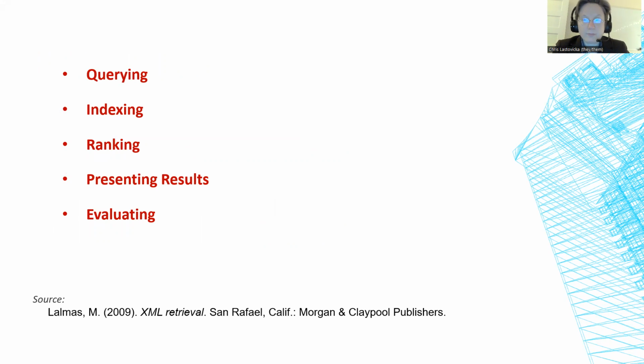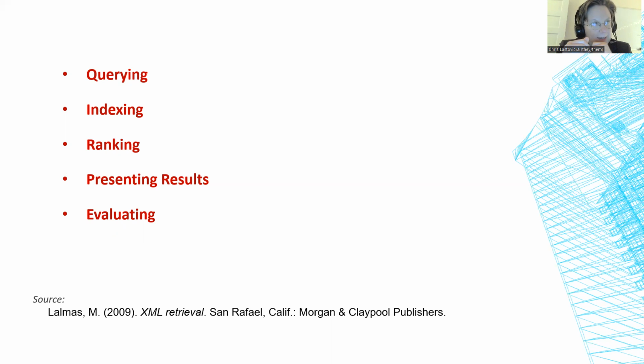XML retrieval follows a similar process as the retrieval for unstructured data. XML has querying languages, and they create requests that have constraints to bring back the components to be retrieved. In indexing, it's indexing units.